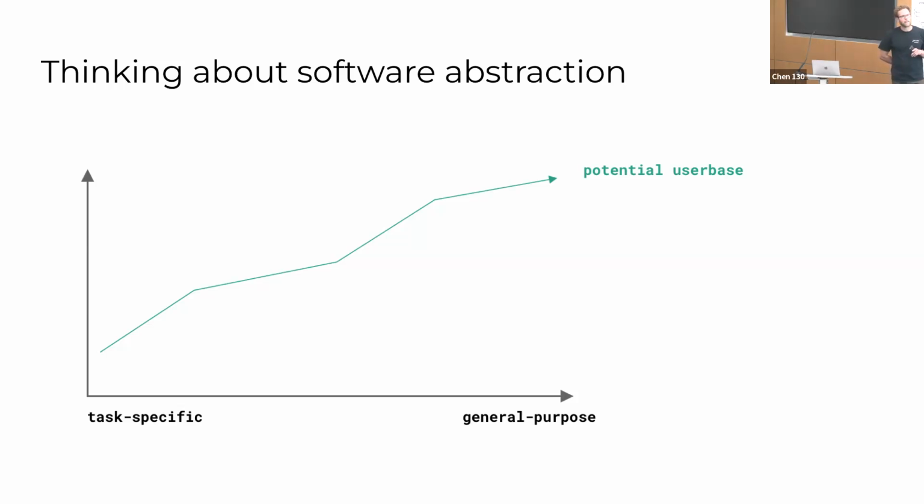Is there a high enough ROI in terms of conservation impact based on the number of hours I'm going to put into this thing? You are going to want to push yourself towards a more general purpose solution, because you want it to be useful for the most people and the most use cases and the most diversity of data types, et cetera, et cetera. Because otherwise it might not make a ton of sense.